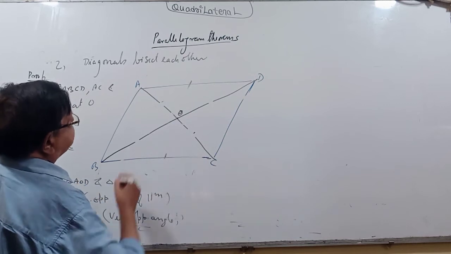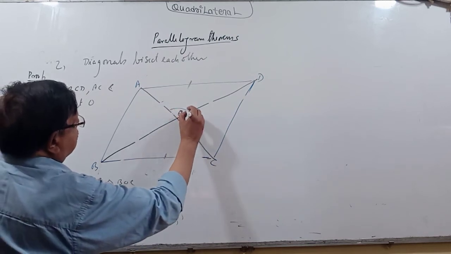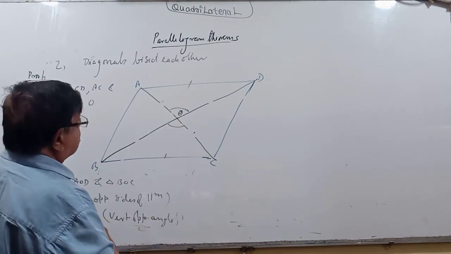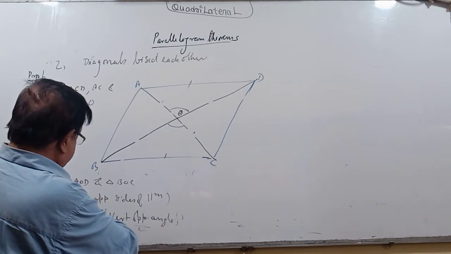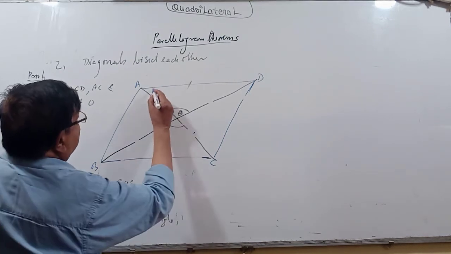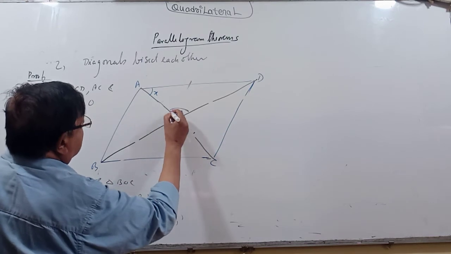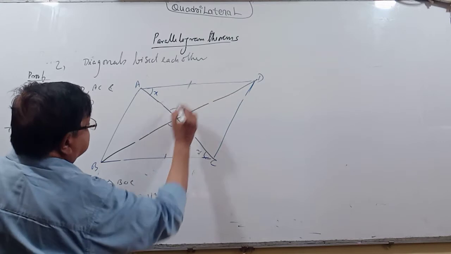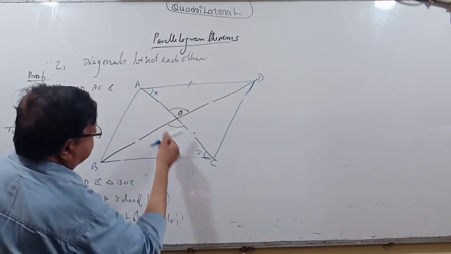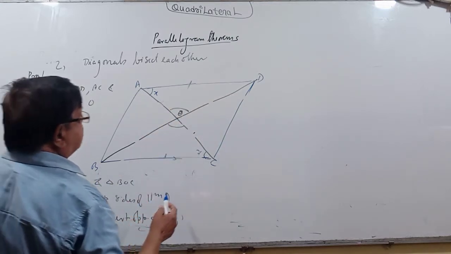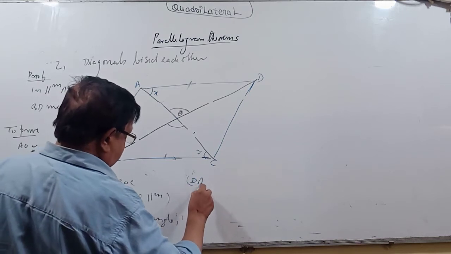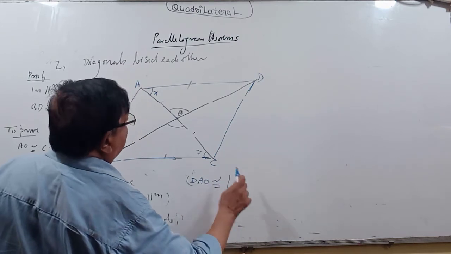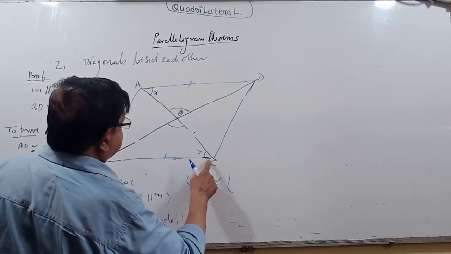We have proved this is congruent to this. And again, this angle here is equal to this angle here. These two lines are parallel and they are alternate angles. Angle DAO is congruent to angle BCO.